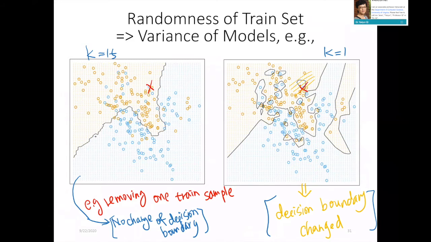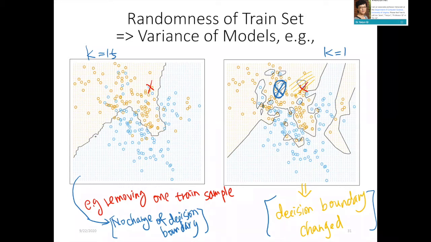The same thing holds in the classification case. Let's see what we mean by the variance of my model. Take the k-nearest neighbor with k equal to 1 case. Assuming my training data did not have these three blue points, my decision boundary would immediately change in that region to be predicted as blue.